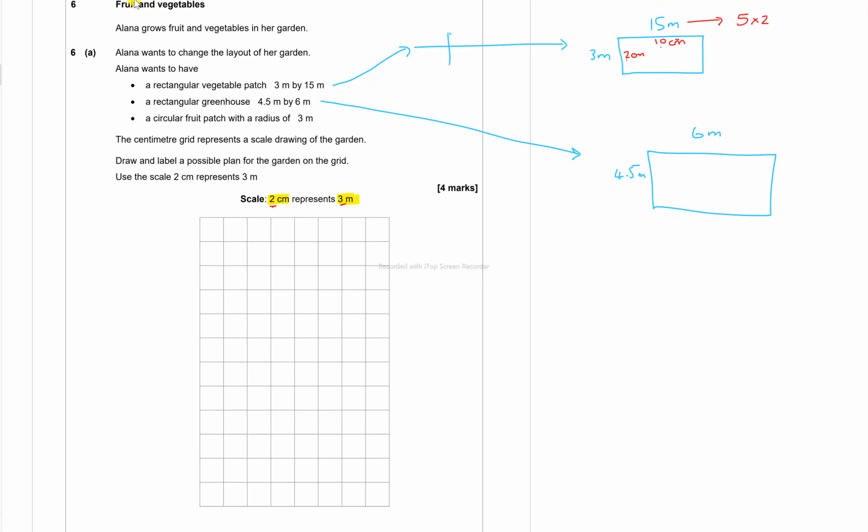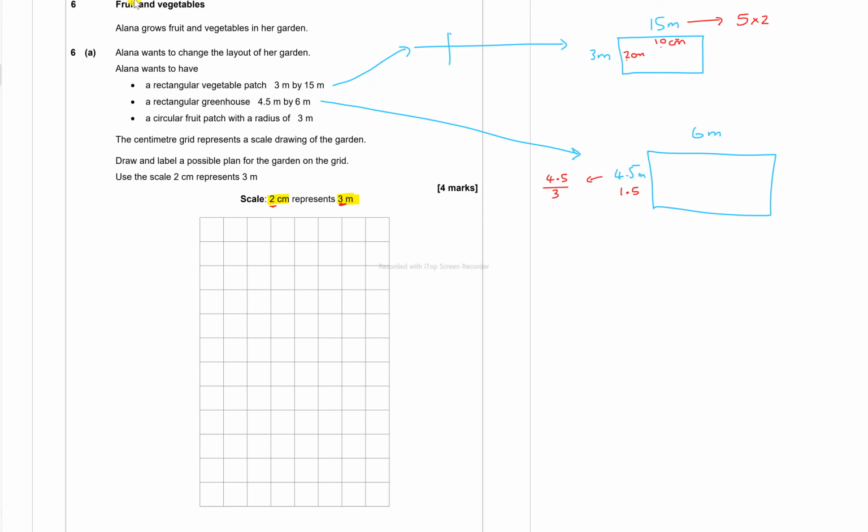Right. So 4.5. What I'll do is over here, I'll do 4.5 divided by 3, and that 3 comes from there. How many 3s are there in 4.5? I know it's 1.5, because if I did 1.5 times 3, I end up with 4.5.